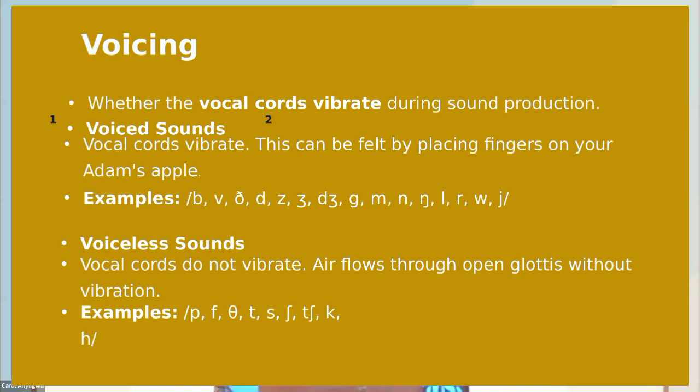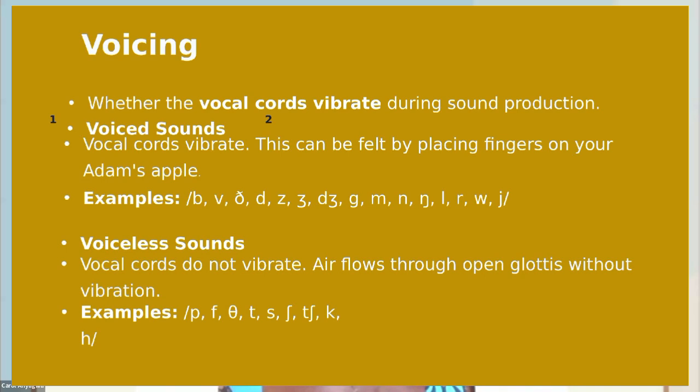And of course, we teach students the elementary, the manual, the very simple way of testing when a sound is voiced or voiceless: producing it while placing your finger on the Adam's apple. For all the sounds I have here, b, v, z, you will feel that vibration in the larynx.